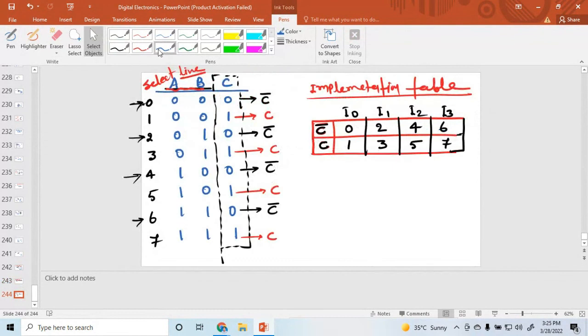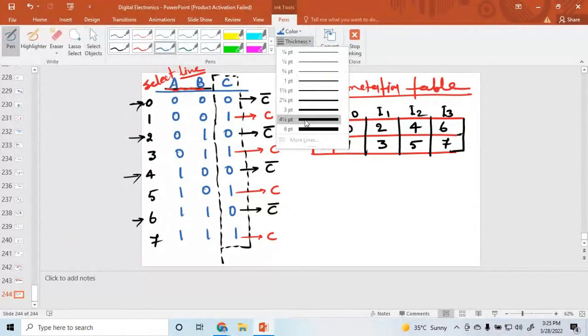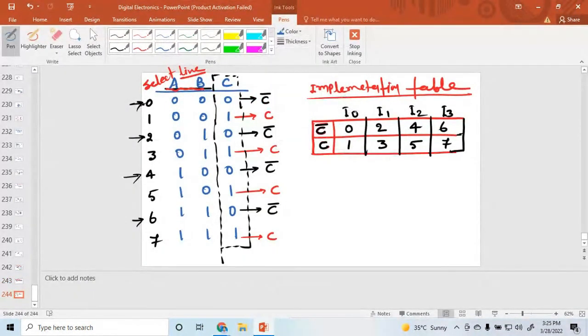So just circle these sections: 0, 1, 3, 6, and 7 are the min terms.